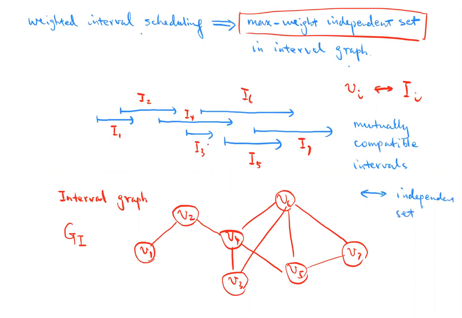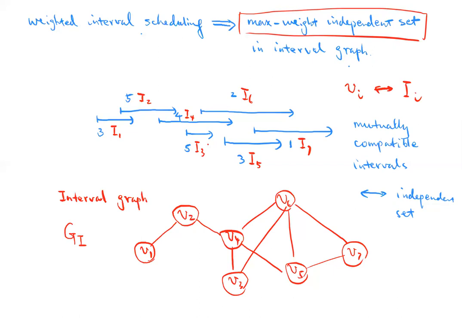Weight. Okay, we haven't put weights yet. So suppose they have weights. So let's see, maybe 3, 5, 4, 5, maybe 2, 3, 1. Suppose these are the weights of the intervals.